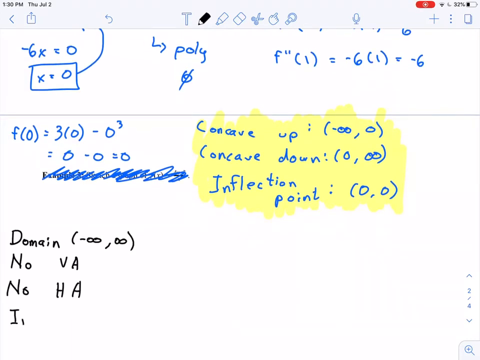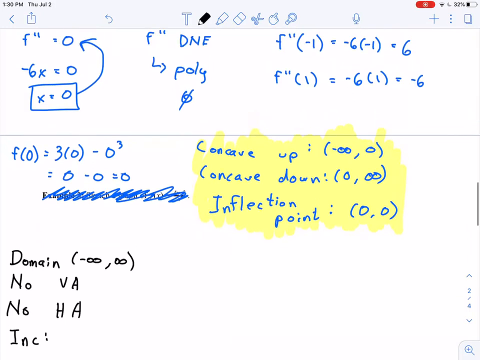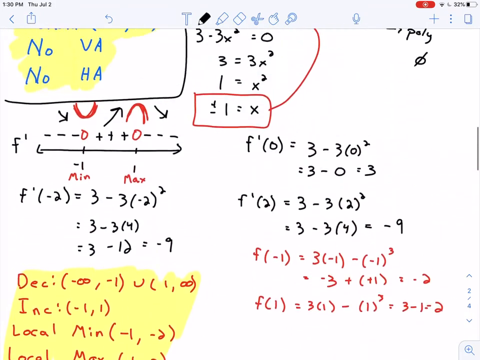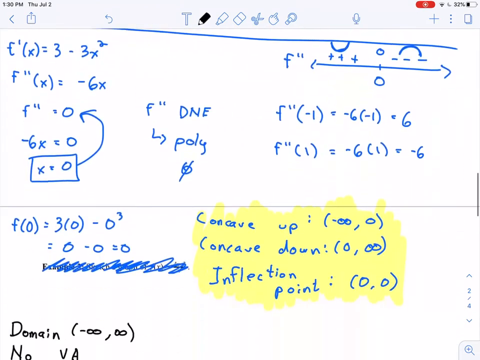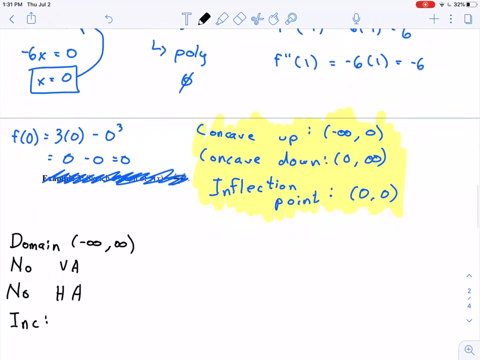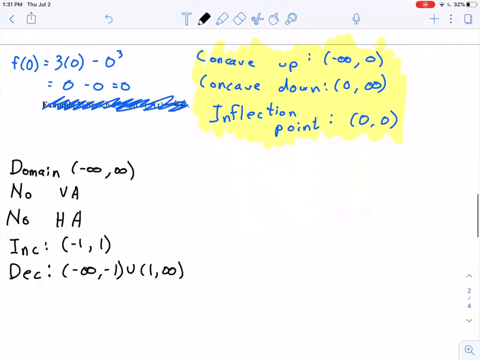Let's see, our function was increasing, I believe, negative 1 to positive 1. Let me double check, though. Yep, our function was increasing on negative 1 to positive 1. Our function is decreasing everywhere else. So that's negative infinity to negative 1 and 1 to positive infinity.